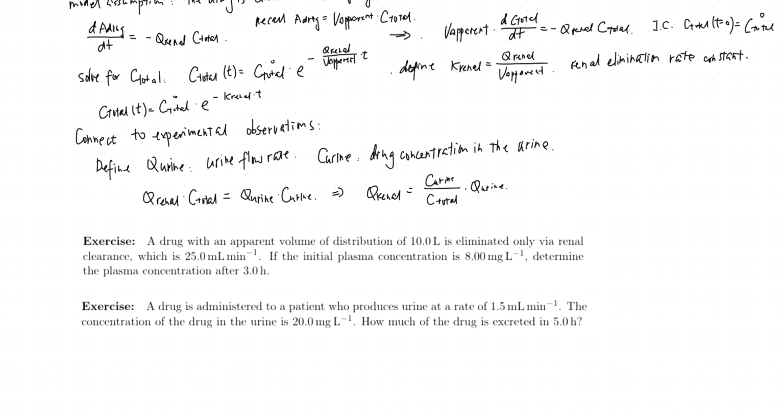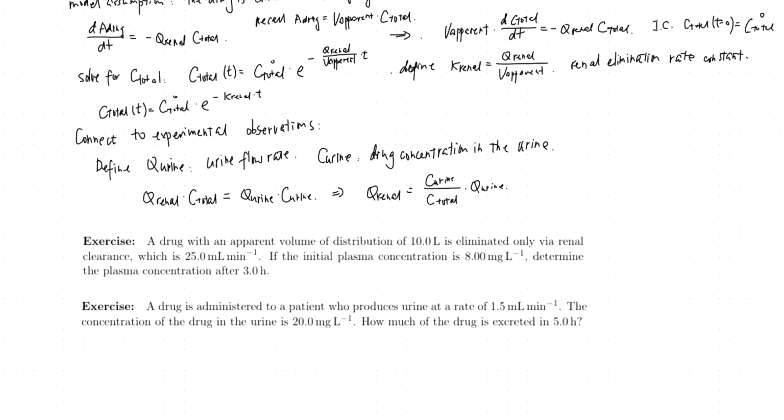It tells us the elimination rate, which is the clearance rate. If the initial plasma drug concentration is this one, determine the plasma concentration after 3 hours.